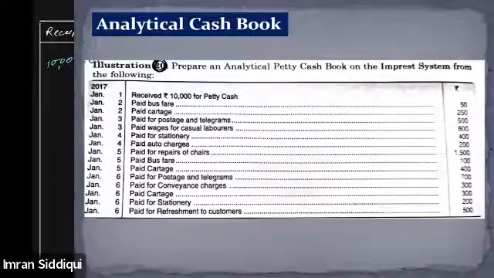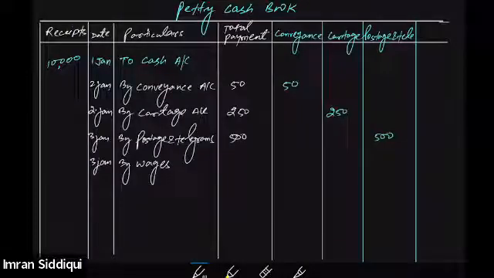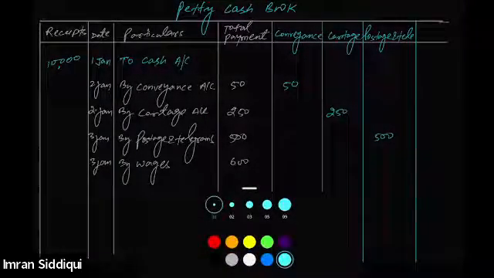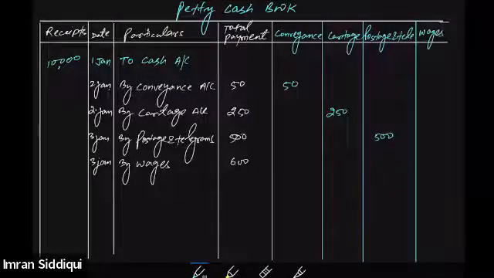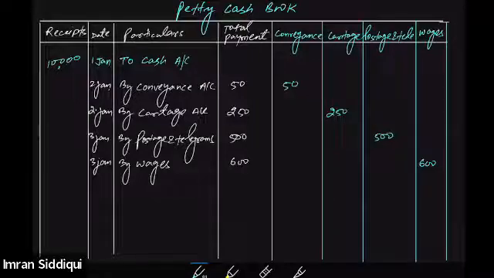We paid 600 for casual laborers, 600, and I'll open a different column for that as well, wages. All right, is it clear, yes or no?